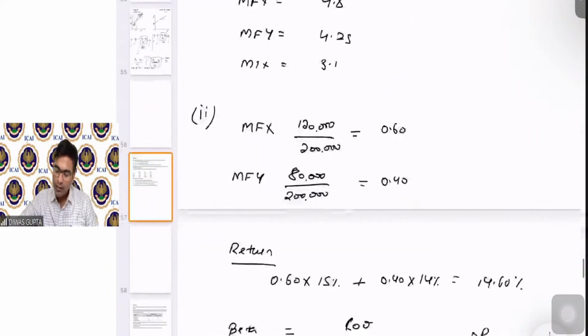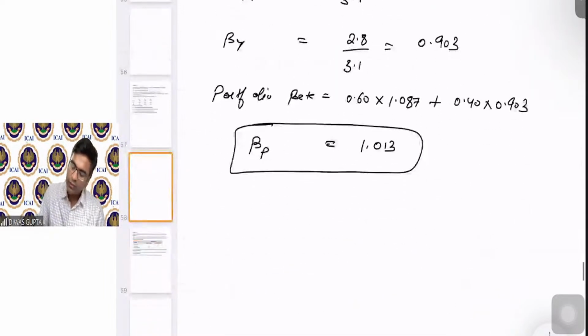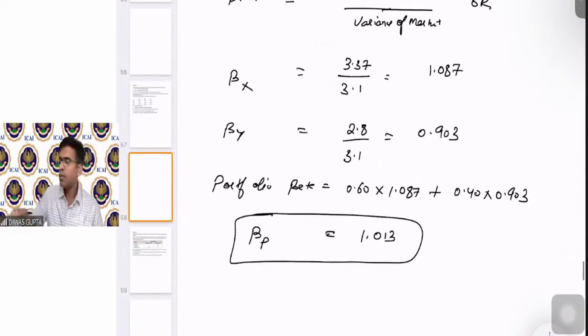So we have calculated the return, we have calculated the beta. Now they're asking us to calculate the portfolio variance and standard deviation also. Now students, using the Markowitz portfolio theory, we know that this is a two security portfolio, X and Y, and for a two securities portfolio, we use this formula.